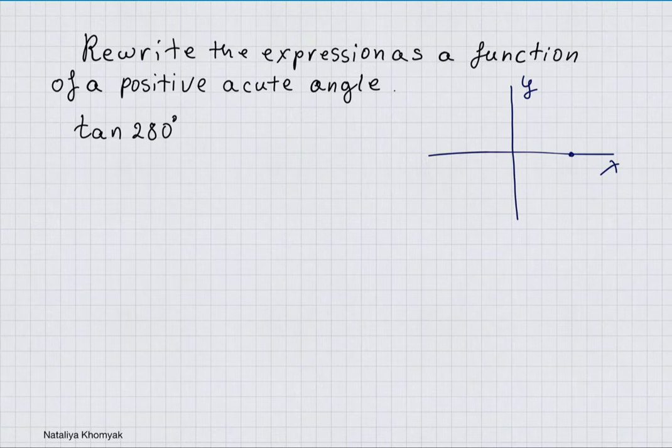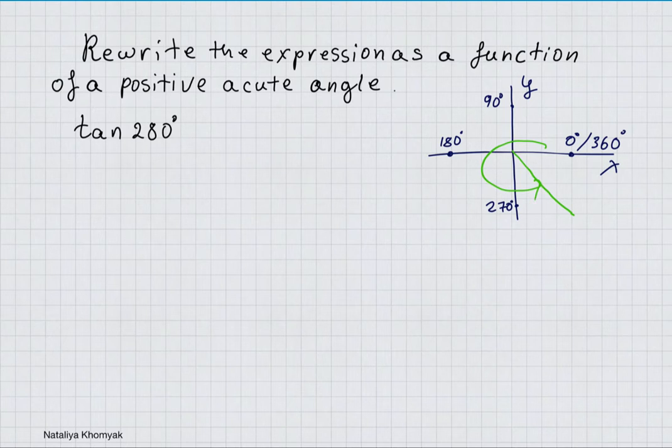The positive x-axis starts with 0 degrees, then we have 90 degrees on the y-axis. The negative x-axis has 180 degrees, then the negative y-axis has 270 degrees, and we are back to 0, which is also 360 degrees. You don't have to draw the angle precisely, but you should be able to tell that 280 degrees will be somewhere between 270 and 360 degrees.